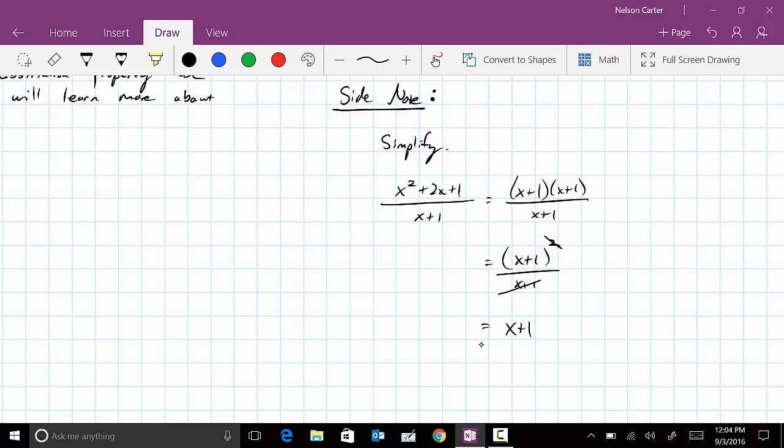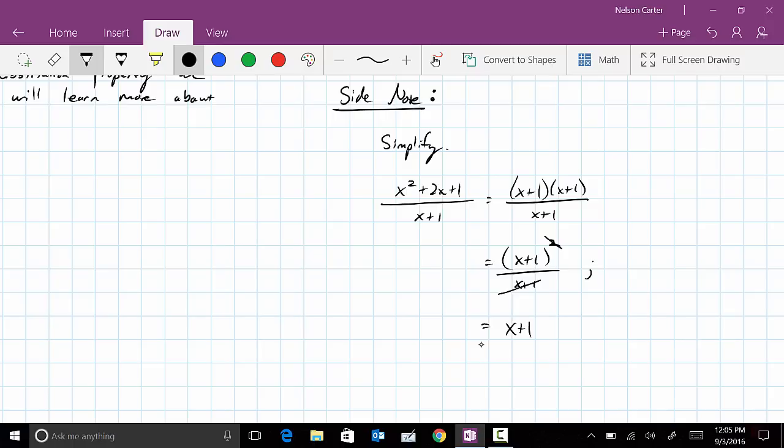In pre-calc you talk about when two functions are equivalent. In that context, two functions can be called equivalent if they have the same rule and the same domain. These have the same rule, but they don't have the same domain.